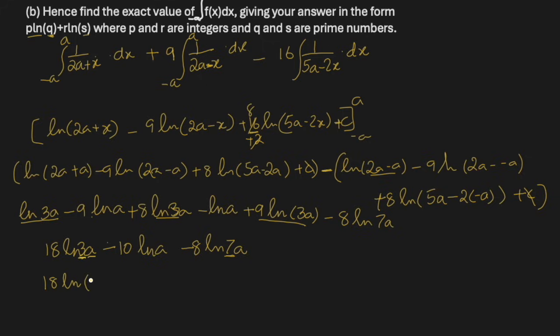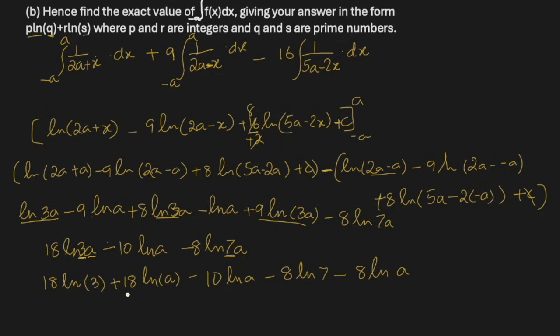So I can write natural log 3 plus 18 natural log a, minus 10 natural log a minus 8 natural log 7, minus again, because they are multiplying, this negative will keep both of them negative. So my 8 natural log a, right?